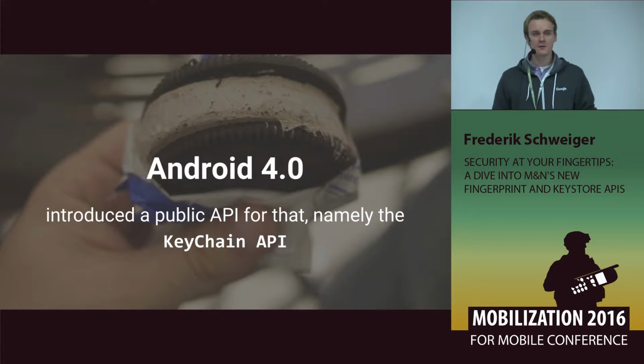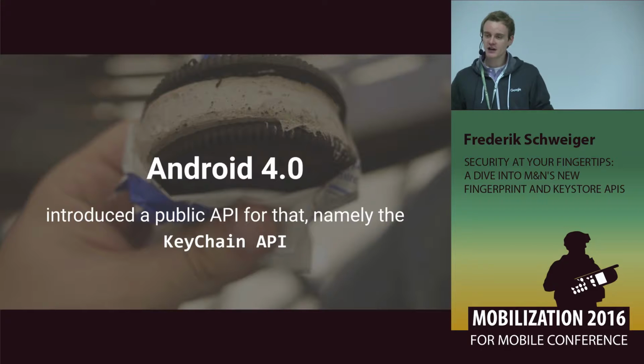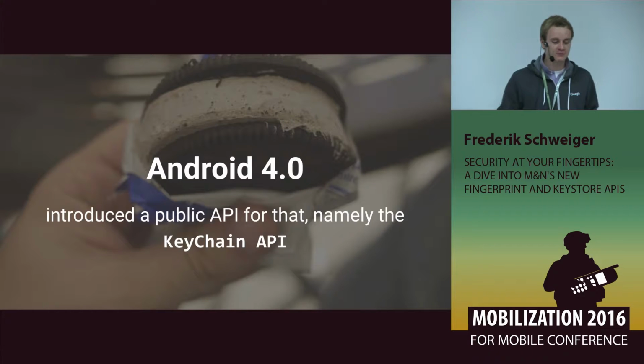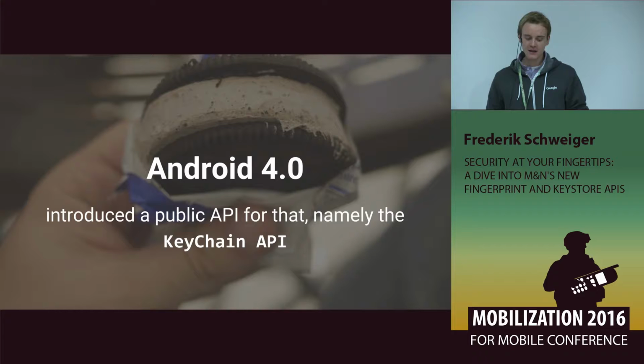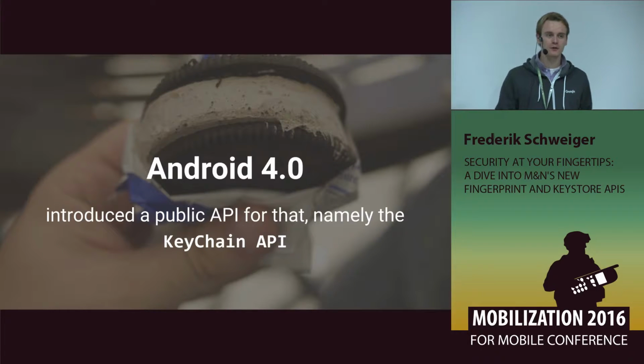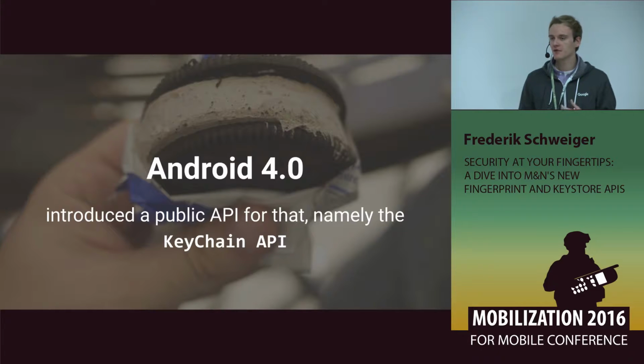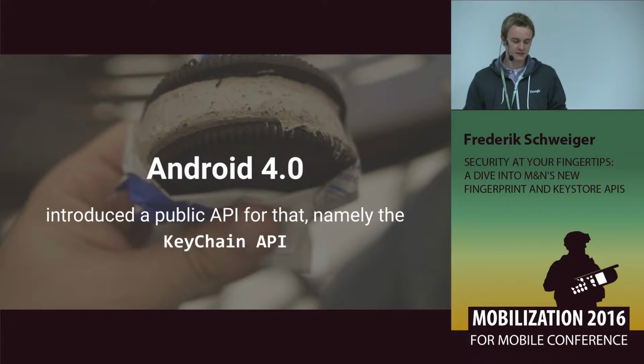That changed with Android 4.0, which introduced the Keychain API. And this made it possible to access the credential store. Unfortunately, all the keys which were stored in this credential store were system-wide, so every app was able to use it to access those keys.